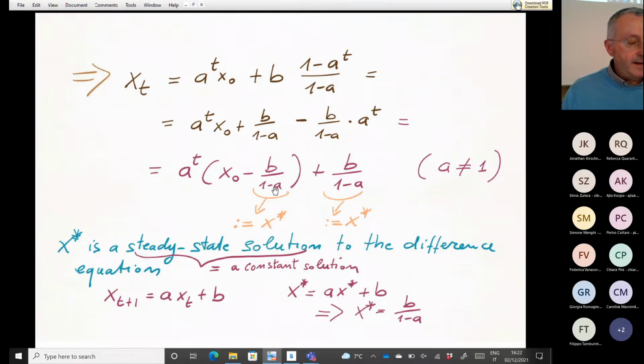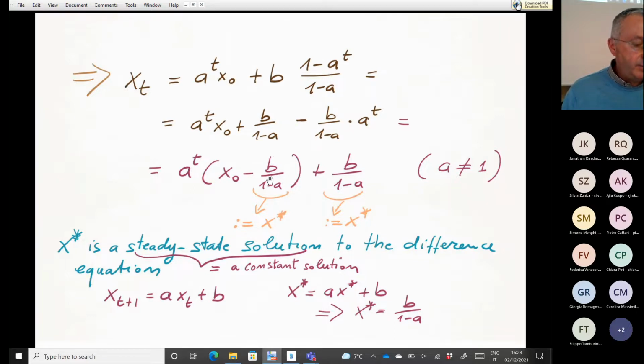So it has a very interesting structure. It is a constant, b over 1 minus a, that you will see in a moment represents the steady state solution to the difference equation. And the other part is the deviation between the initial value and the steady state solution.